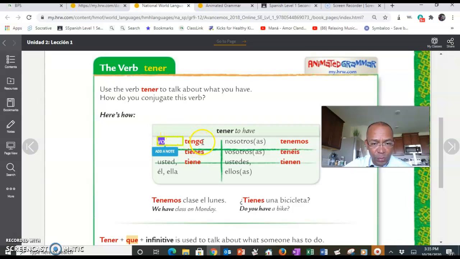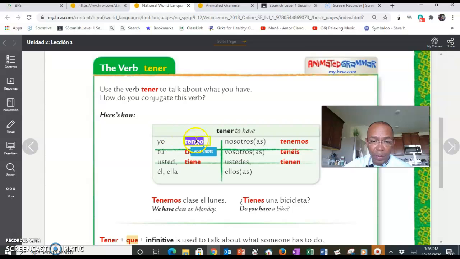Notice that this form of the verb tener is different than this form. Yeah, it is different because this one, tiene, will only go with usted, only with él and ella. And tengo will only go with yo. That's it.